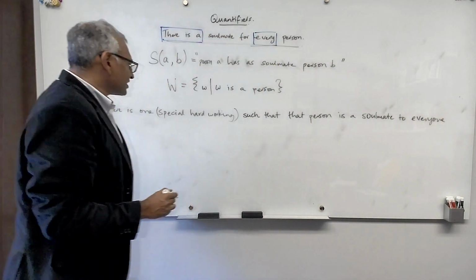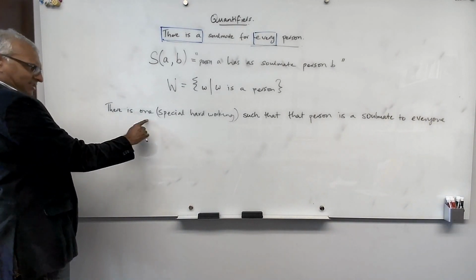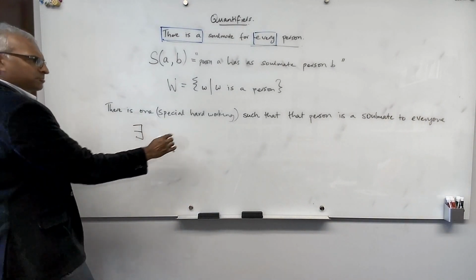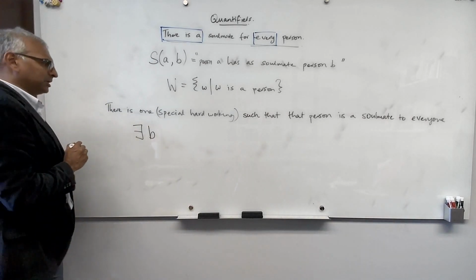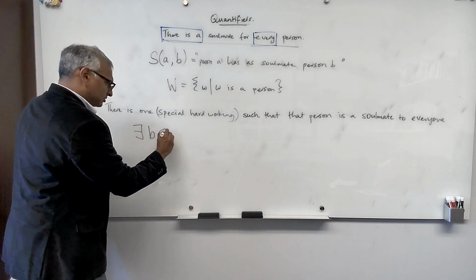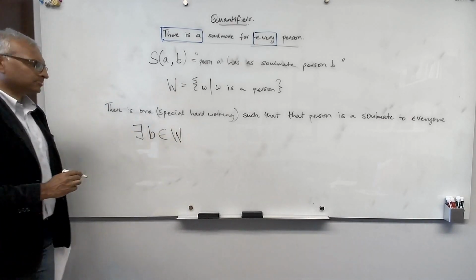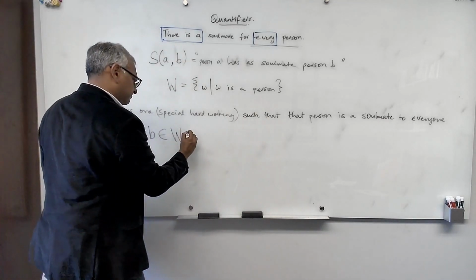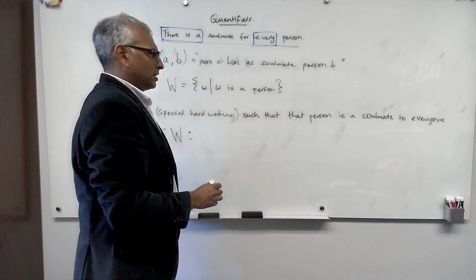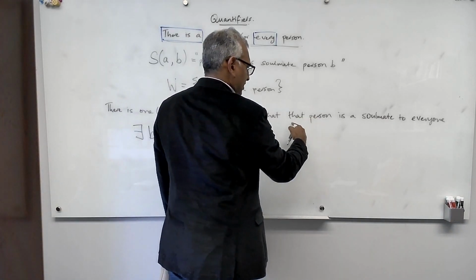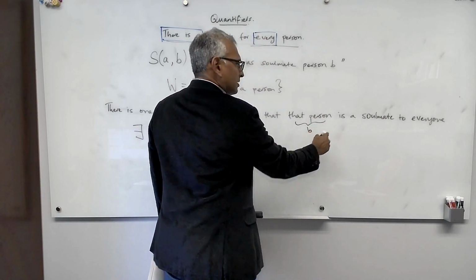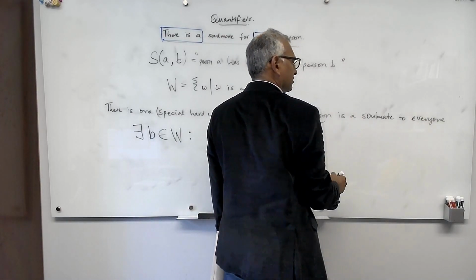Okay. So what does that mean? That means that there exists a special hardworking soulmate B in the set of people, such that that person B is a soulmate to everyone. What does that mean?